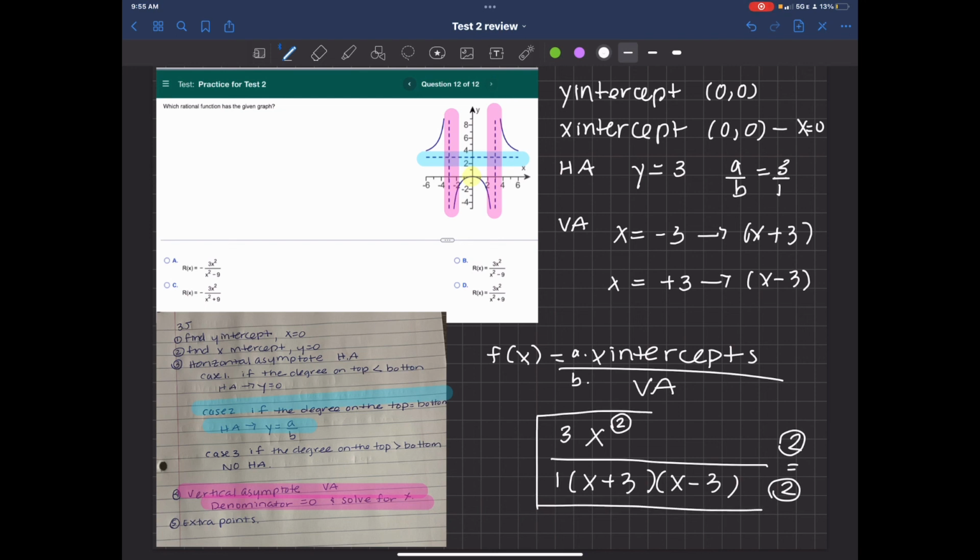The answer is going to be B. So let's expand on the solution a little bit more. It's 3x squared, and then you take this part right here, and it becomes x squared minus 9. So then I get x squared minus 9.